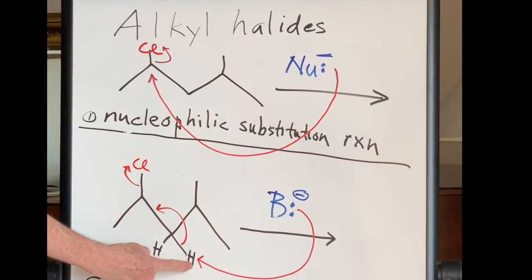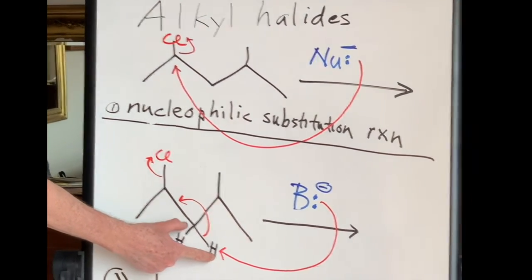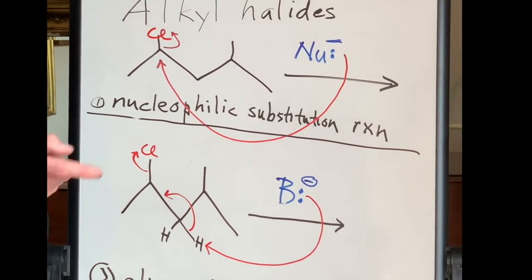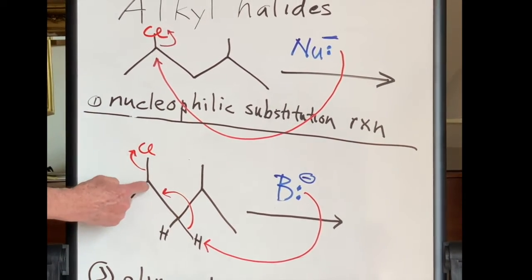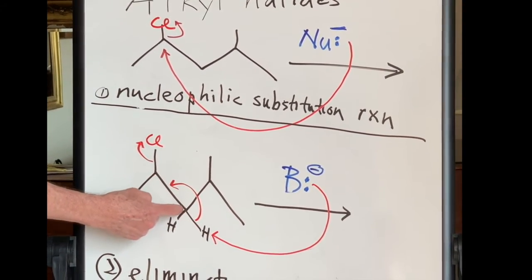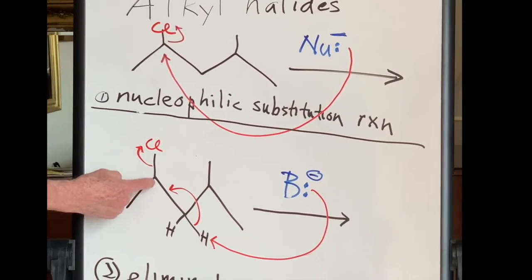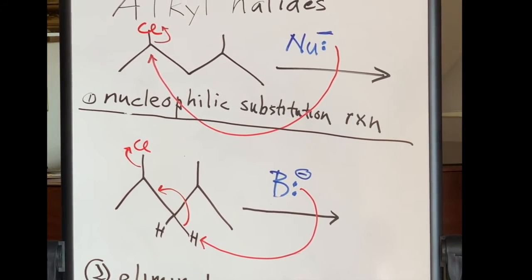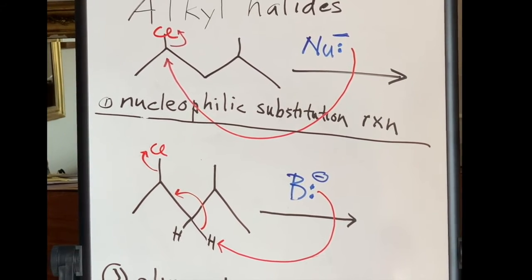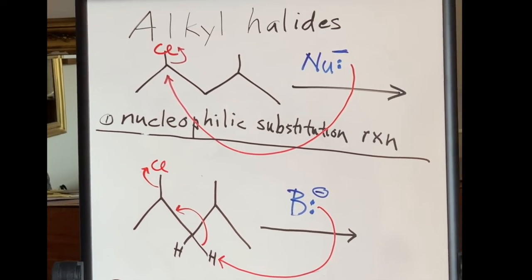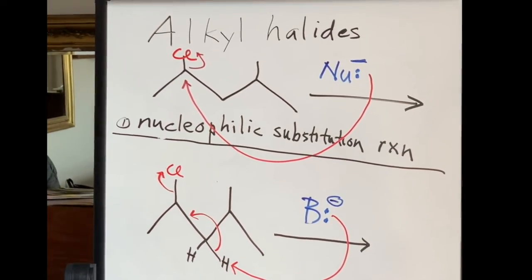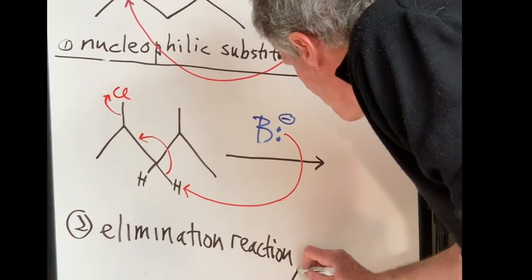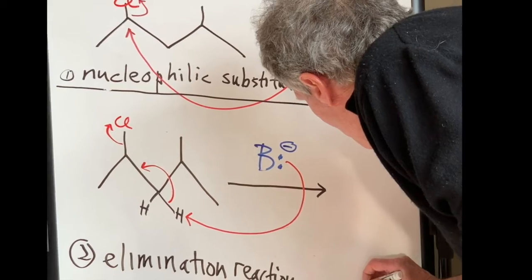A base reaches out to form a bond to a proton on the carbon adjacent to the halogenated carbon. The pair of electrons linking that hydrogen to the carbon become free and form a new bond, a second bond between carbons 2 and 3 of this molecule. And at the same moment, the halogen, with the pair of electrons that it had shared with the halogenated carbon, leaves. So the result of the reaction is basically the same carbon framework, 5 carbons, 1, 2, 3, 4, 5, 1 up here.